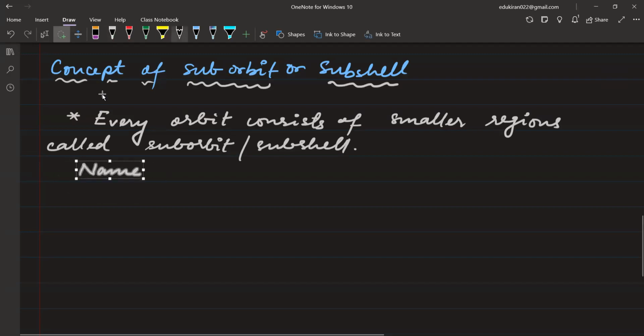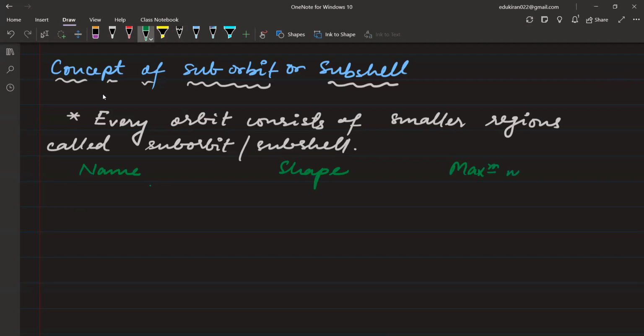They have name, they have shape, and they have the maximum number of electrons that these particular subshells can hold.